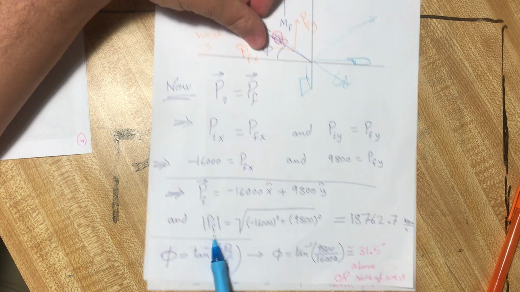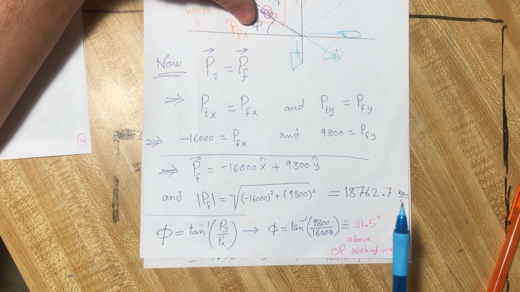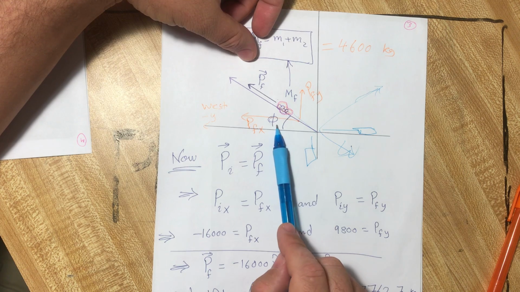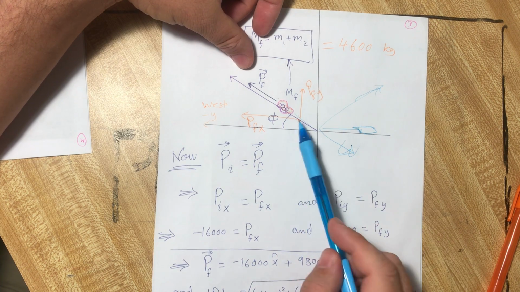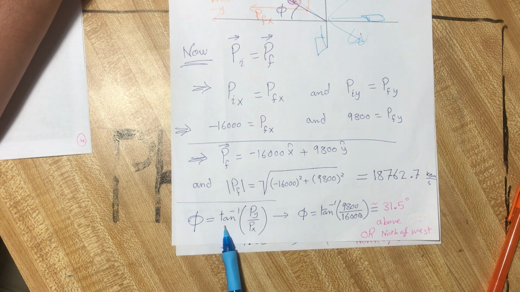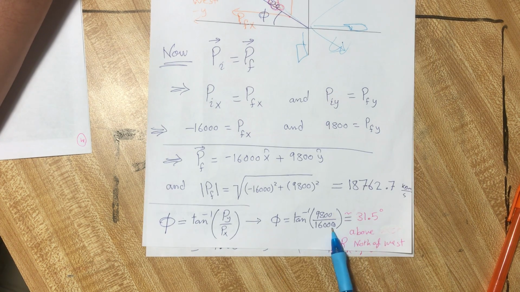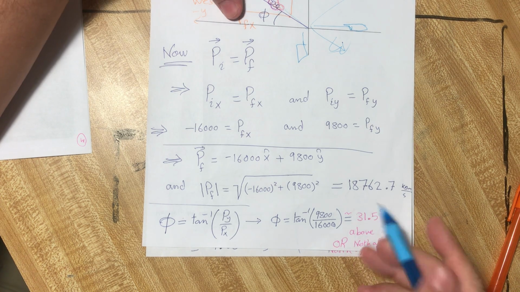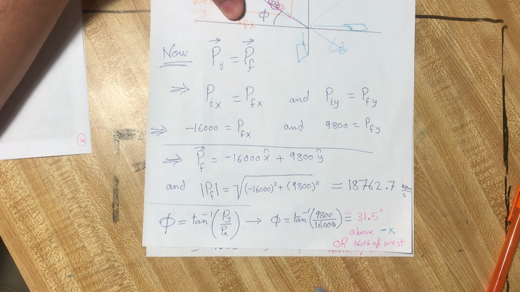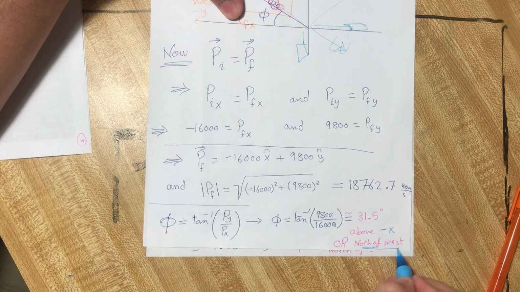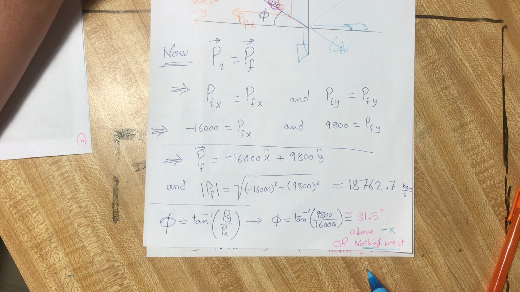We find the magnitude of the momentum finally. How much is this phi? It's simple. We can use tan inverse as we did before. Phi is equal to tan inverse of Py, the y component, over the x component, which will be 31.5 degrees above the negative x-axis, or north of the west direction.